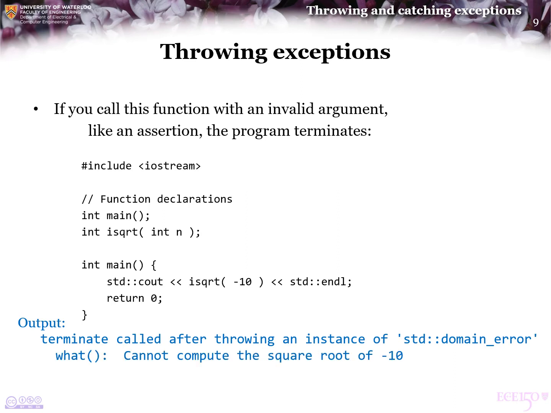Cannot compute the square root of -10. If you wanted, you could include even more information in your exceptions. In fact, you can include a lot of information in your exceptions if you design your own exception class. And then, of course, because we did nothing else, the program is aborted and a core was dumped.